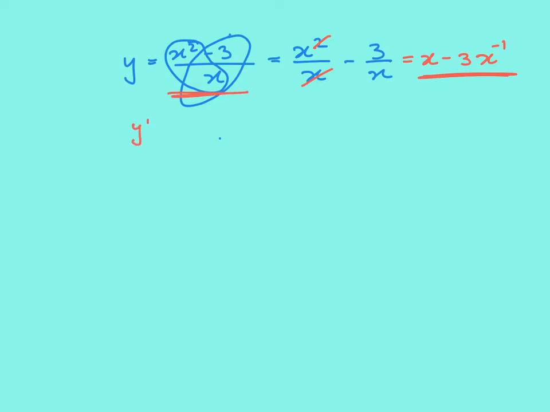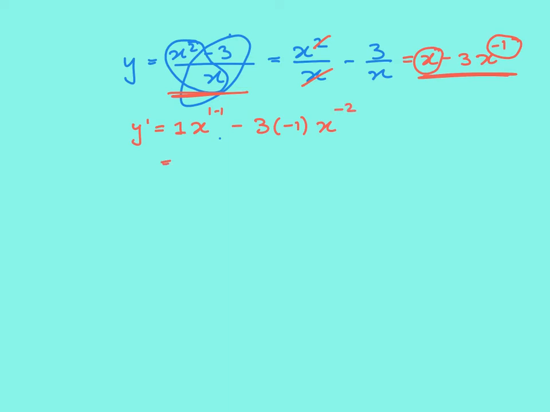Now we're going to differentiate. y' is equal to the derivative of x. The power is 1, so you copy x, and because the power was 1, 1 take away 1, take away 3 times the power, which is negative 1, x, and reduce this power by 1, which is going to be negative 1 take away 1, negative 2.